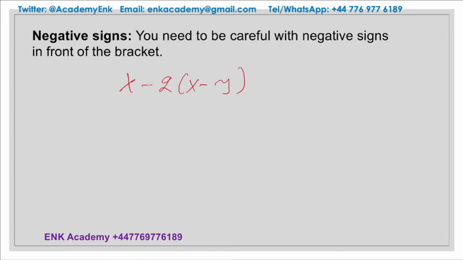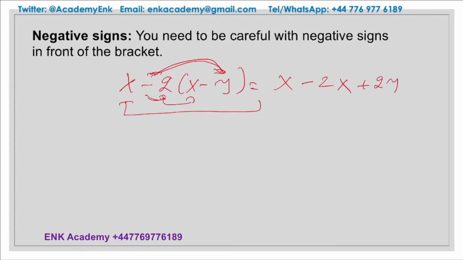What we do is that x is alone, it comes here, and then we multiply first the parentheses, knowing that the minus sign belongs to 2, and therefore we have to say minus 2 times x, that gives us minus 2x, and minus 2 times minus y, that gives us plus 2y.